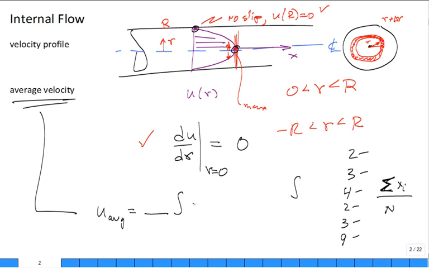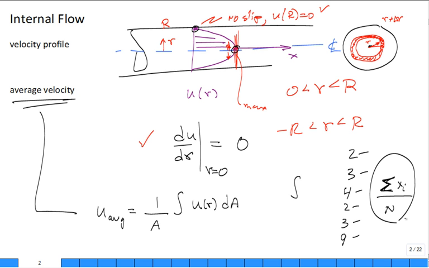Well, it's the integral of u as a function of r dA. So it's the sum of the speed over all of the cross-sectional area of the flow, and then you divide by the area. That's it. It's very similar to this equation for getting the average of a group of numbers.